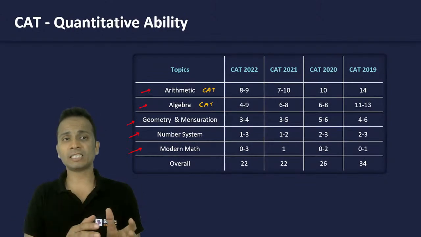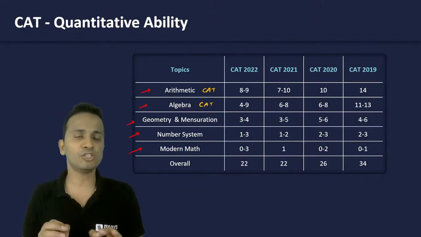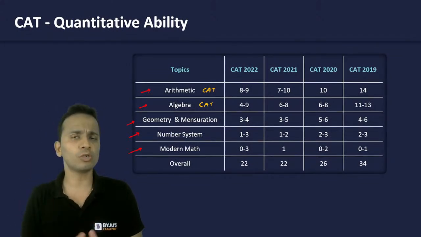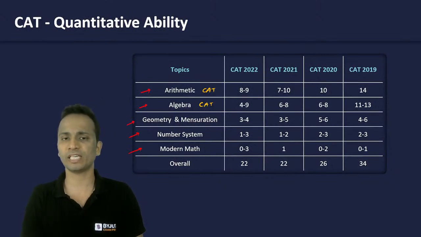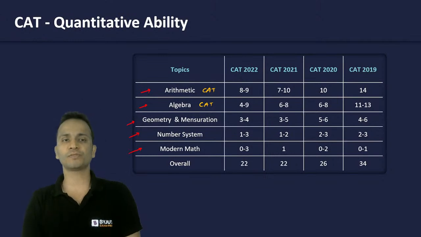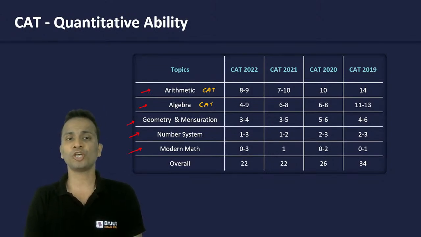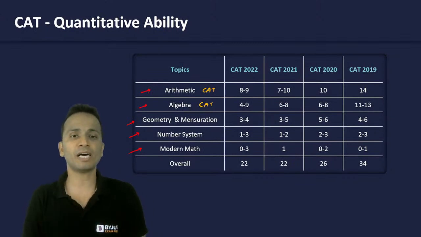Looking at the coverage of questions from these two areas out of the total number of questions in the QA section: last year, out of 22 questions, we saw as many as 17 questions from arithmetic and algebra together.